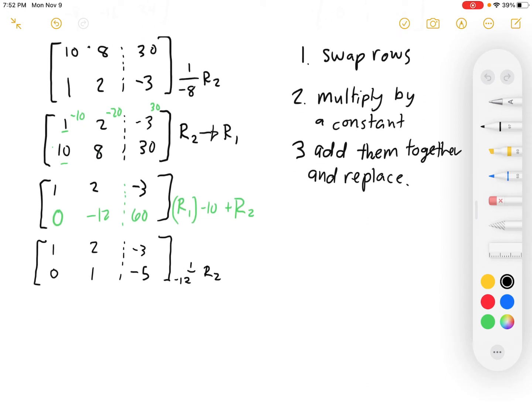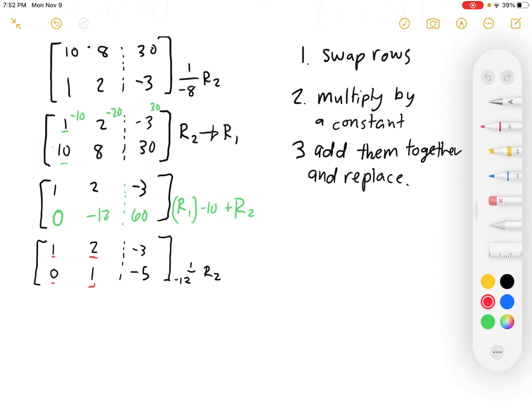We're almost done. We've got 3/4 of where we want to be. The only thing that's different is the 2. Well, how do we get rid of the 2? Well, once again, we have a 1, and a 1 makes things equal to 0 very easily, because we can just simply multiply by whatever it would take to add to 2 to make that equal to 0.